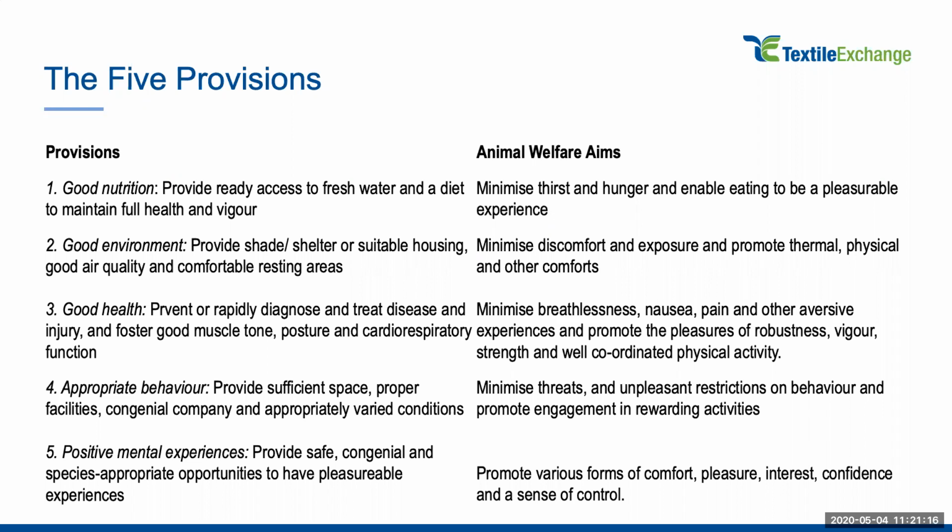So the idea of this model is a comprehensive evaluation of the animal's positive and negative experiences, and the overall balance of which gives a welfare status and quality of life. So within the work that we're doing with animal welfare, this is the overarching principle that we're working to. If I can have the next slide, please.